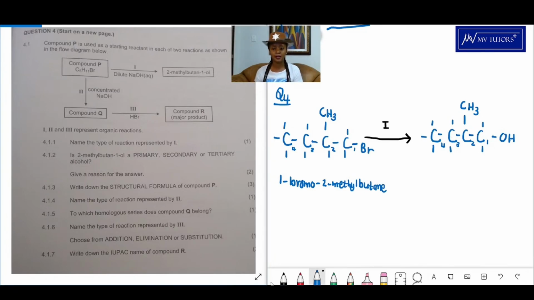Yeah, 1-bromo-2-methylbutane. And this one, they already gave us the name. We have 2-methylbutan-1-ol.